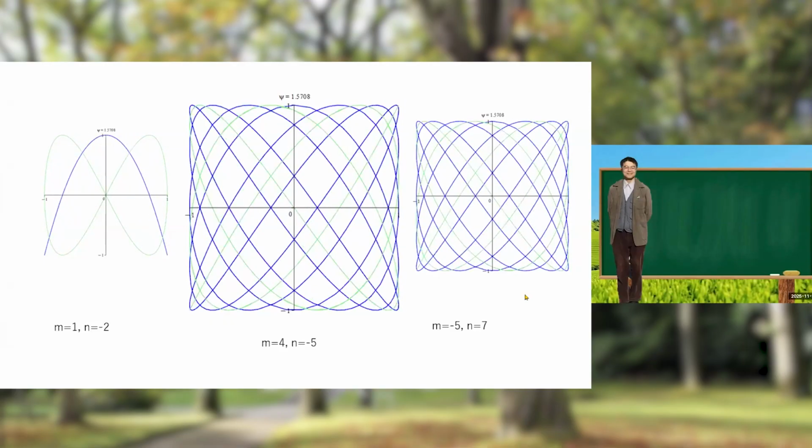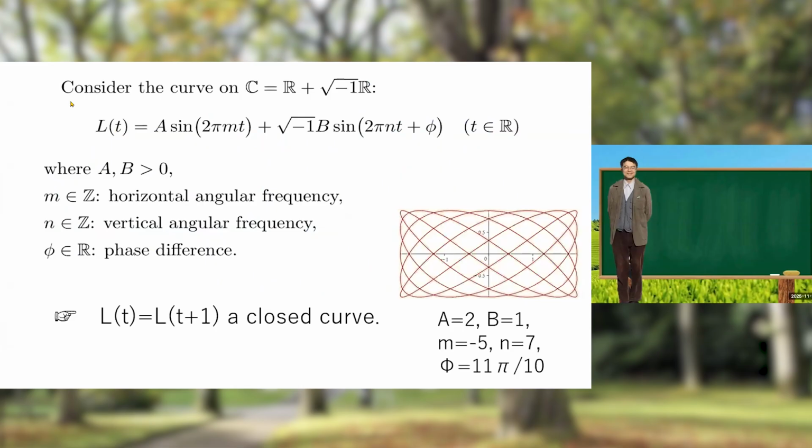Then we shall consider this curve on the complex plane, and these are just repetitions. The first observation is that if you shift the time by adding one, then the same point is represented. So a Lissajous curve is a closed curve.